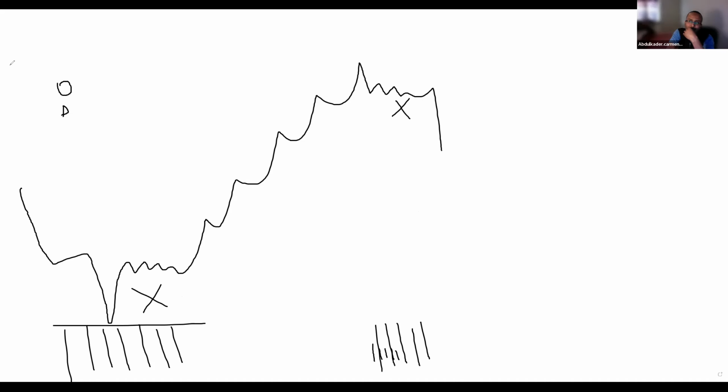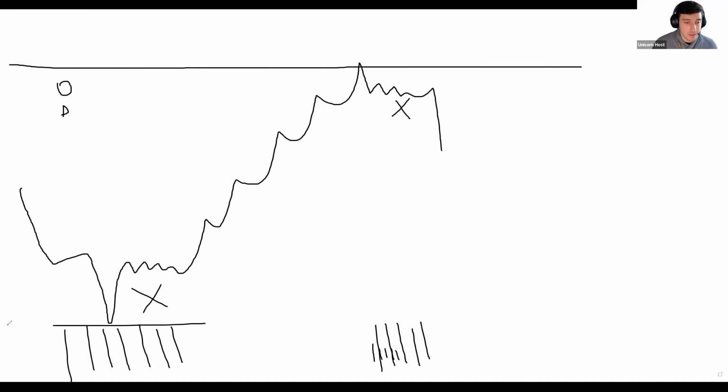Yes, there's some sort of a big range on a higher time frame that's developing at the moment. So without you switching to the higher time frame, it's giving you clues that you're looking into some sort of a bigger range on the higher time frame. That's one piece of information you can get out of the overview analysis.